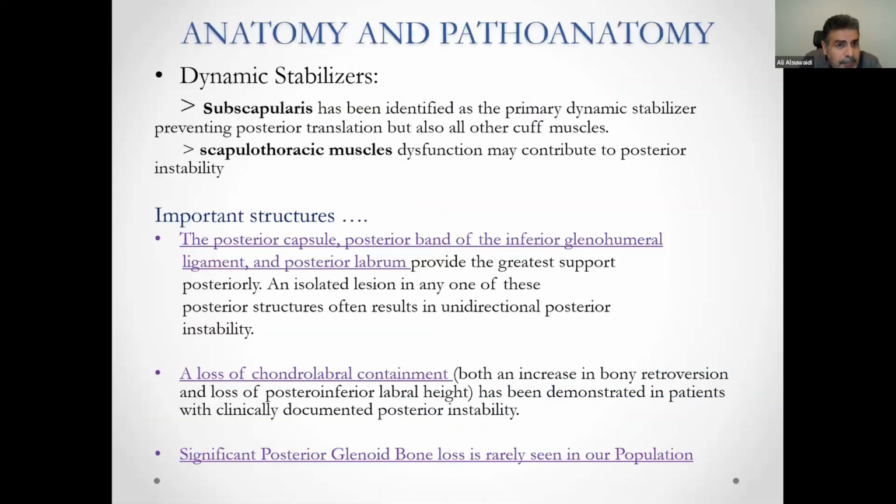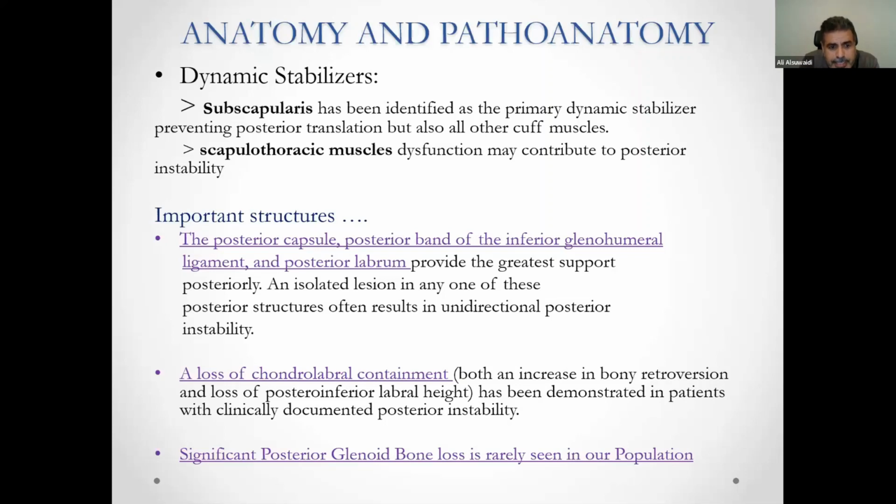The dynamic stabilizers for posterior stability, the subscapularis and also the scapulothoracic muscles, all contribute to posterior stability. So overall, the important structures we have to concern ourselves with when it comes to posterior stability are the posterior band of the inferior glenohumeral ligament, the posterior labrum, and the posterior capsule.